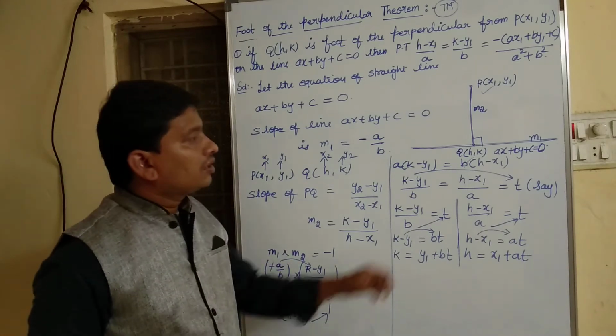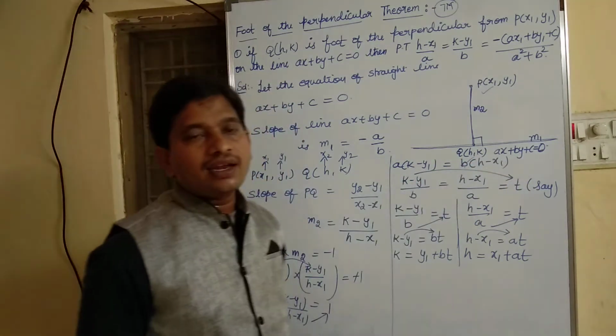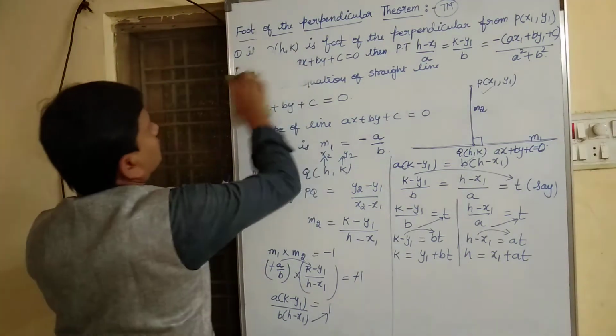Children, we know that point Q of (h, k) lies on line ax plus by plus c equal to 0. Let me write here.